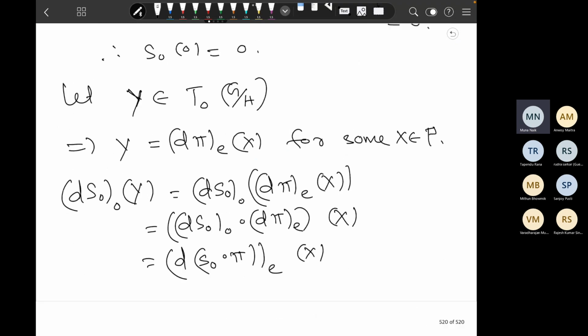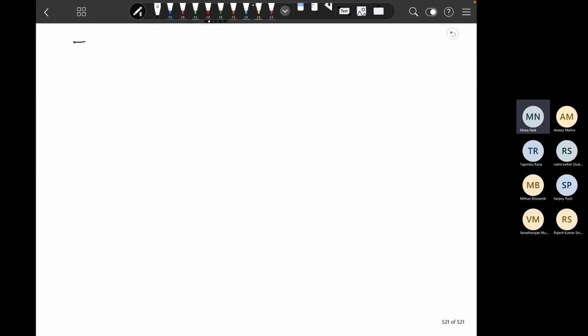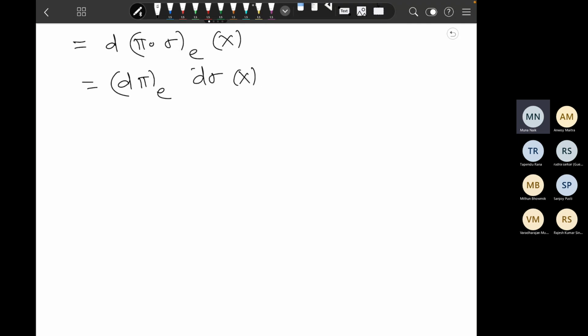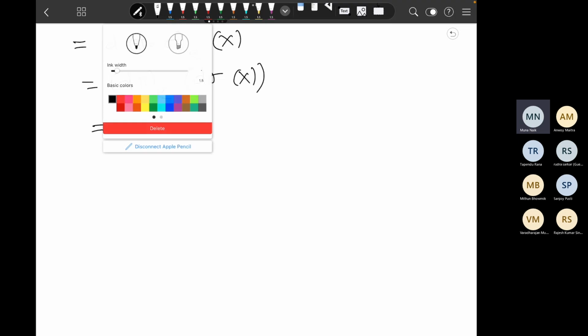So I write that. So this is really d of pi composition sigma at e. So this is d pi at e and d sigma x. Because d sigma at e, you always write d sigma. Now this x belongs to p, so d sigma of x is really minus x.